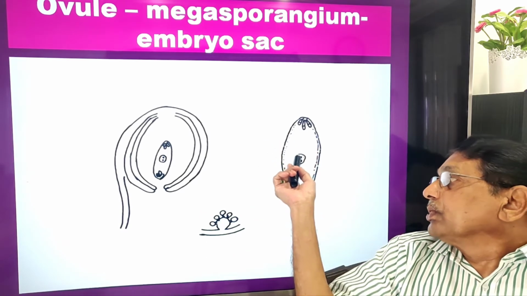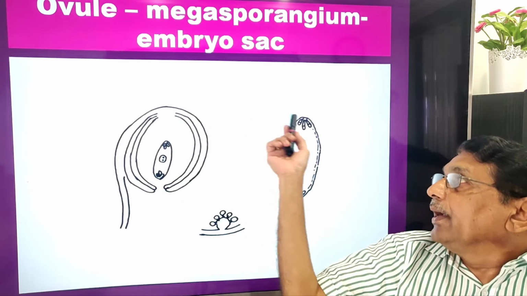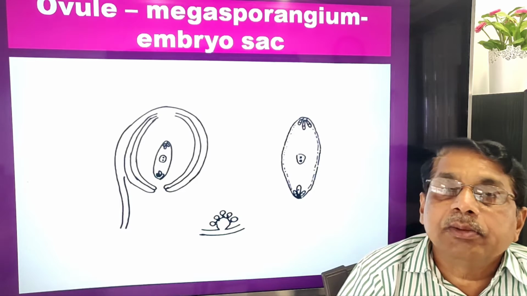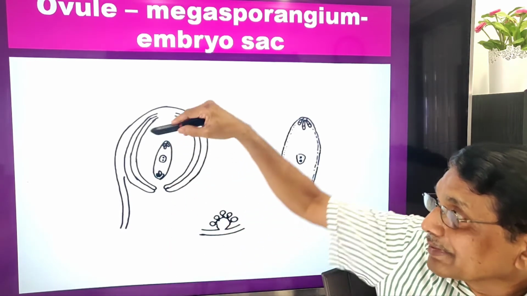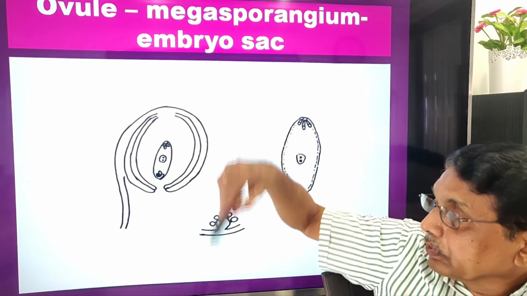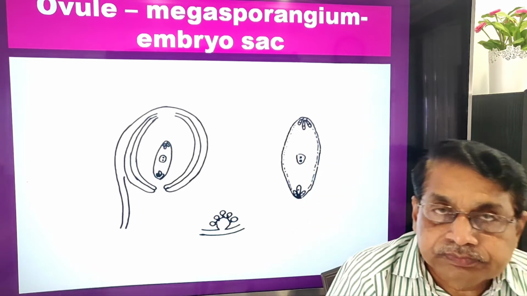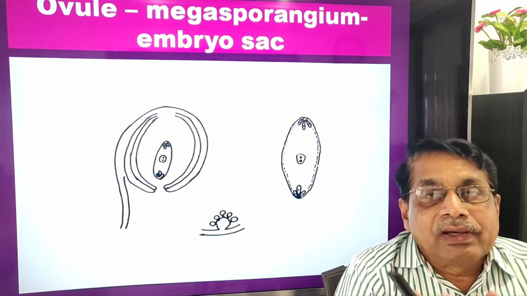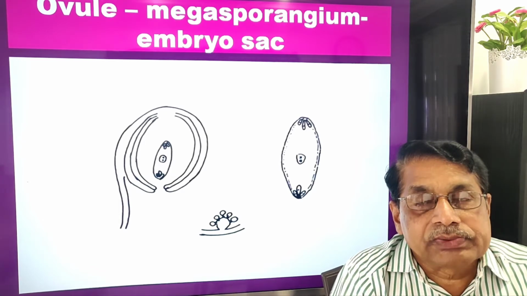Here this is embryo sac. Towards the chalazal end, there will be three cells. They are called antipodals. Towards the micropylar end, there will be three. The two side cells or nuclei are called synergids.